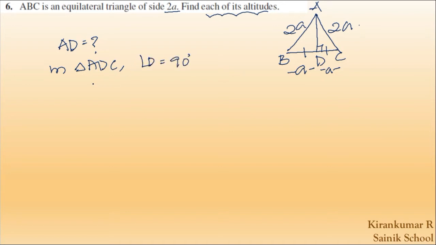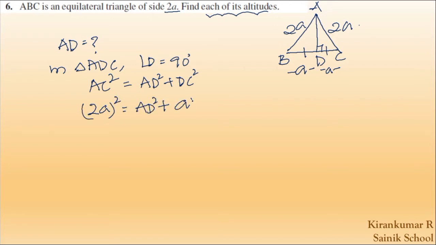I'll consider the hypotenuse as AC. AC square will be equal to the sum of AD square plus DC square. AC square is 2A whole square equal to AD square plus, instead of DC, A square. So AD square we get as 3 times A square. So AD will be root 3 A.